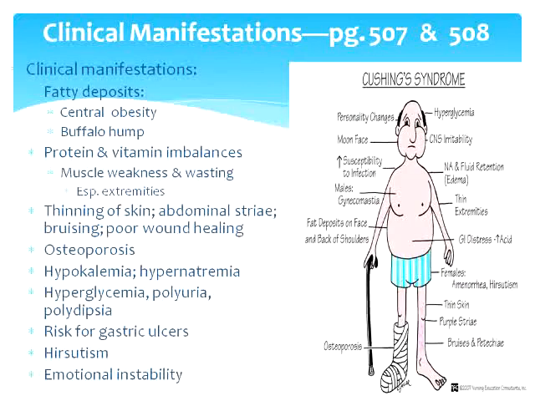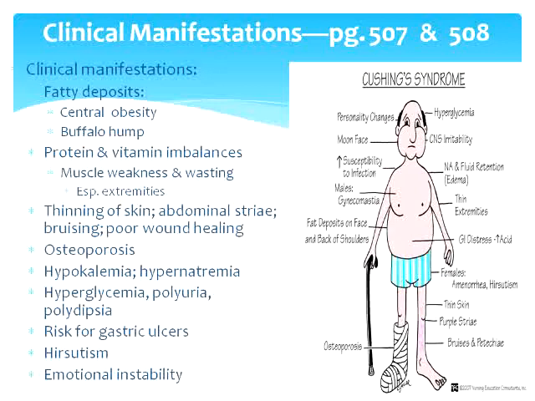So you can use your critical thinking to put the two components together. All right, so we have Cushing. Clinical manifestations: fatty deposits, the central obesity, so think of Cushing, buffalo hump. Now, these people have a tendency to have protein and vitamin imbalances, and those imbalances cause muscle weakness and wasting, especially the extremities.